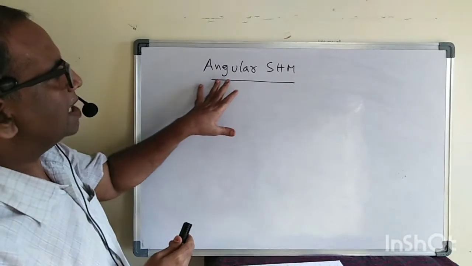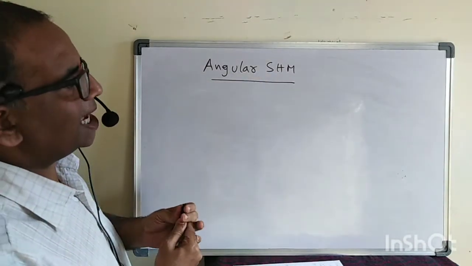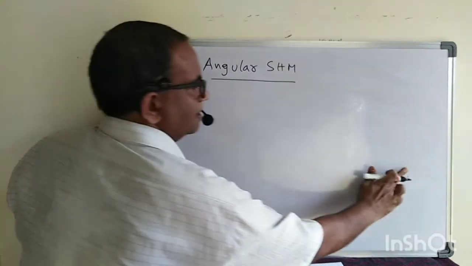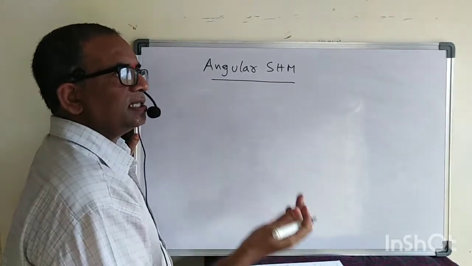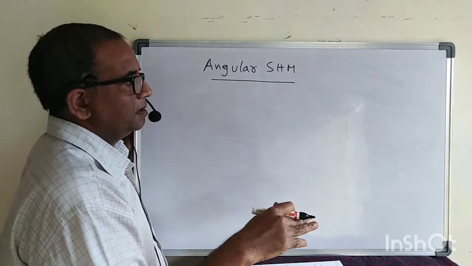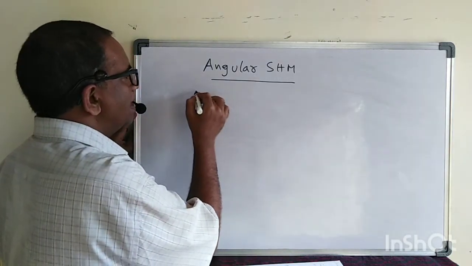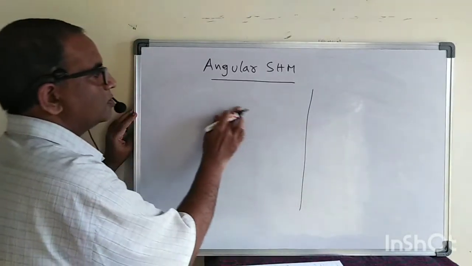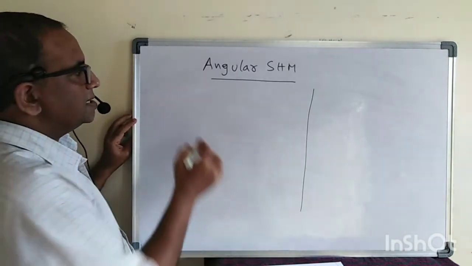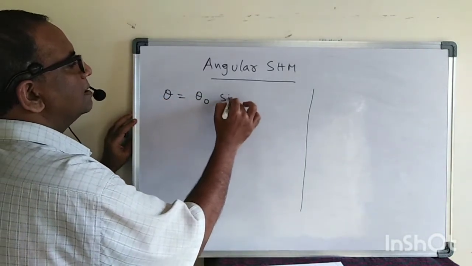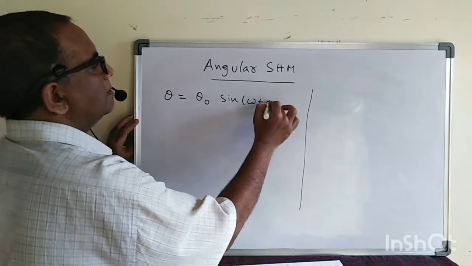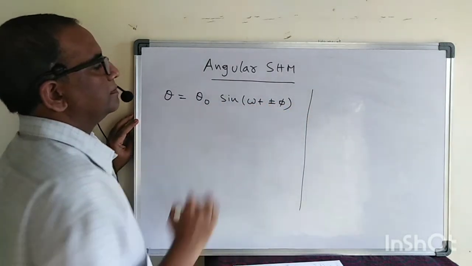Now let us see carefully the angular SHM. What is this angular SHM? Just like if a body is vibrating or oscillating, the theta is varying here. So I will make two parts here. Let us take theta equals theta naught sine omega t plus or minus pi.